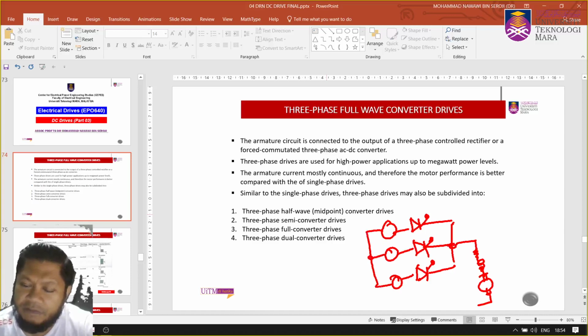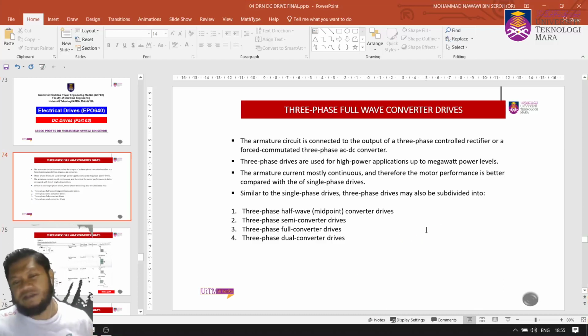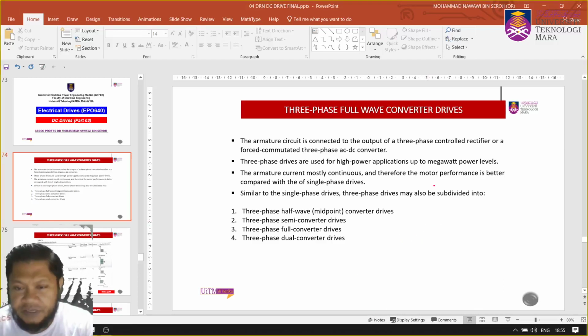So this is a half wave or midpoint converter, and then we can also have the semi converter drive.